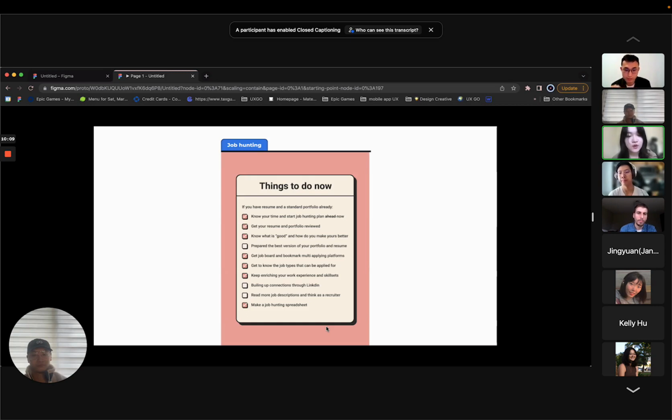The next one is to get a job board and bookmark multiple applying platforms. UXGO has a job board, where we collect all the new job opportunities for you already. You can also bookmark other platforms like Handshake.